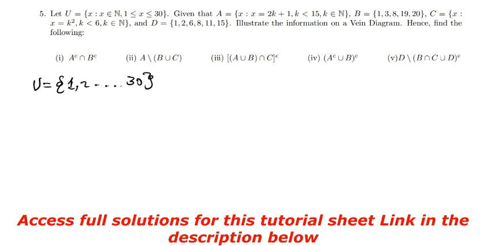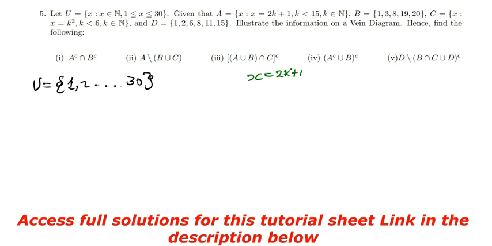Then we move on, given that A is a subset of the universal set, such that x is, okay, let's understand this part, because we have to interpret and come up with the actual members of that set. We are saying that x is equal to 2k plus 1. So what is the condition?